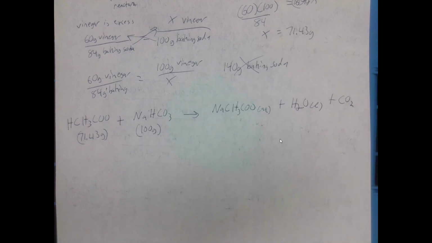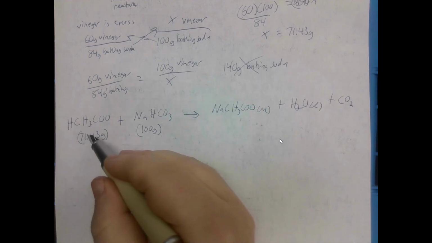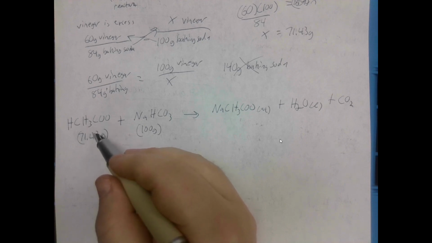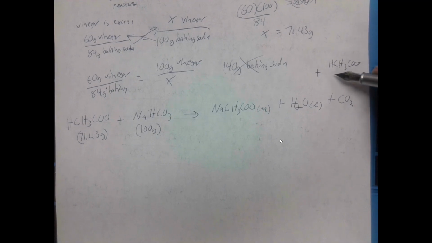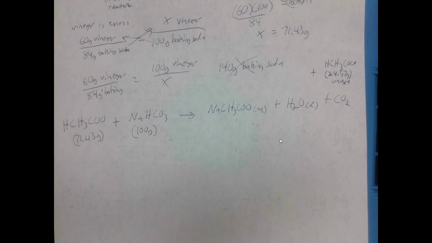We can figure out what's left. By the way, if only this amount of acetic acid is being used, it means we're also going to have some excess left over that didn't react. We would have 28.57 grams that is unused. That'd be leftover. So this is just a related problem.